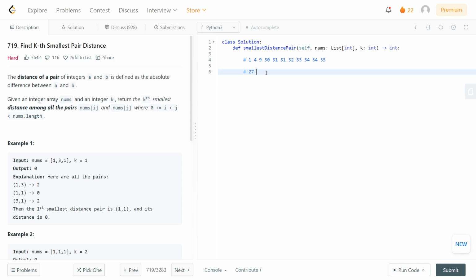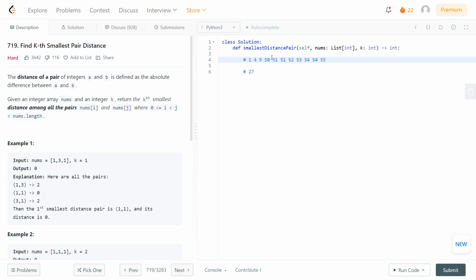And if it's greater than 27, then we need to increase our left pointer. So when we come here, left will be 1, right will be 50. So we'll have to increase left to the 4, right stays at the 50, left to the 9, right stays at the 50.